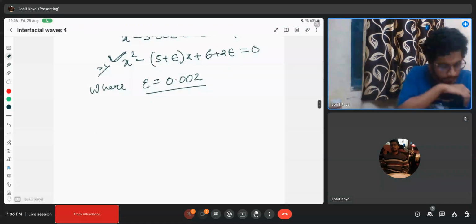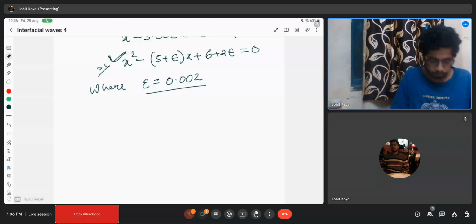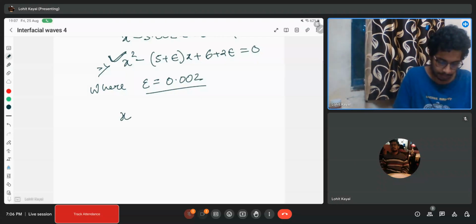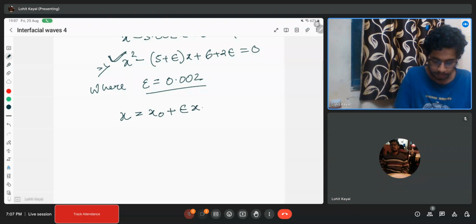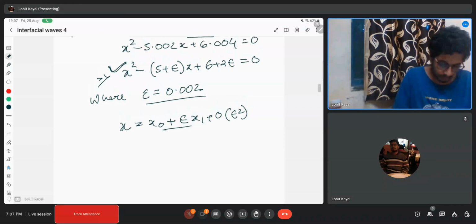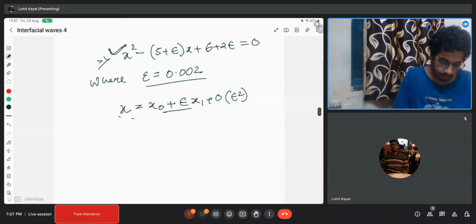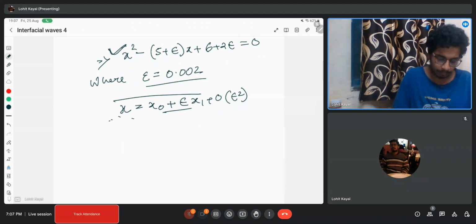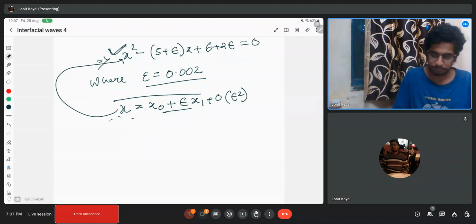As you know, for the perturbation expansion, we will expand x like this: x equal to x naught plus epsilon x1, plus order epsilon squared. So we are truncating it up to order epsilon. I am saying that this is a solution, so I have to substitute it here.